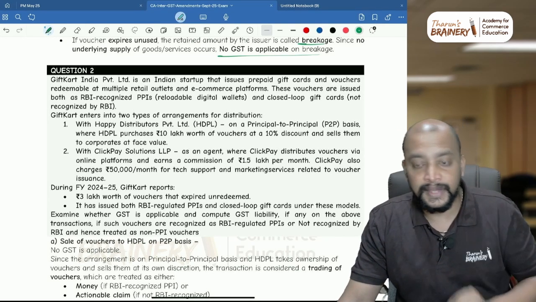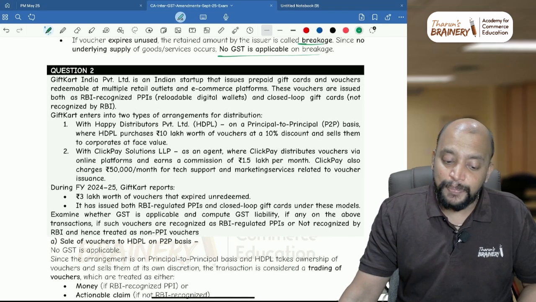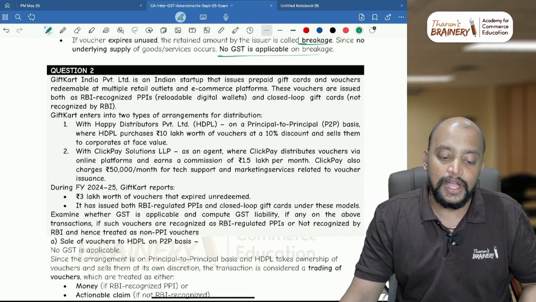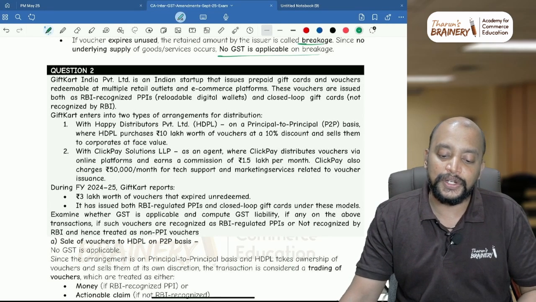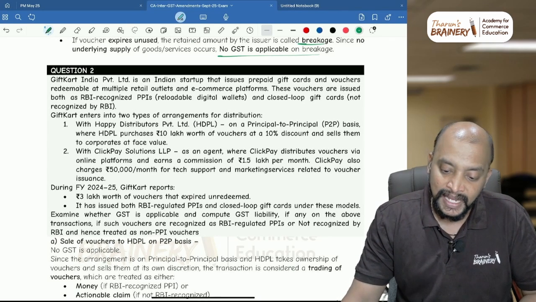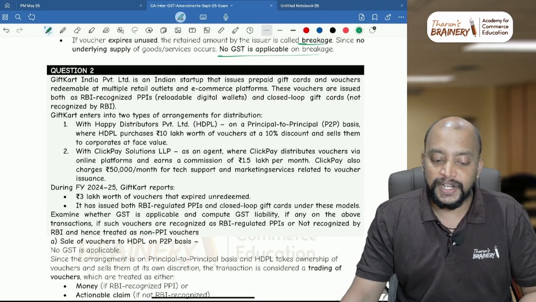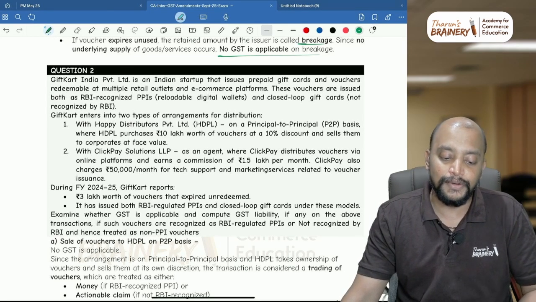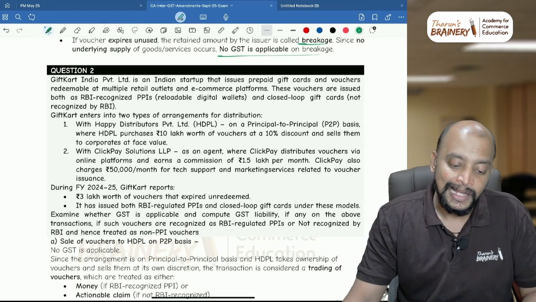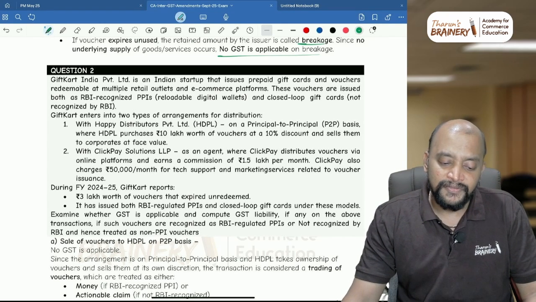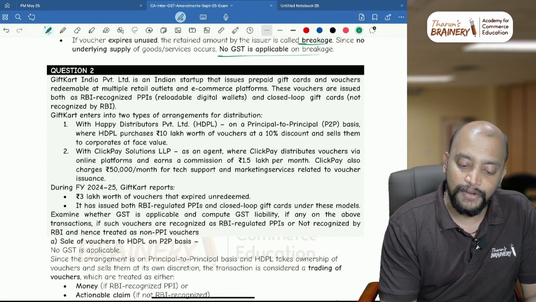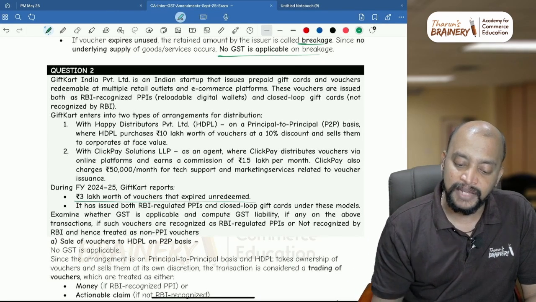There is no GST on that. With ClickPay Solutions LLP as an agent, ClickPay distributes vouchers via online platforms and earns a commission of 1.5 lakh per month. ClickPay also charges 50,000 rupees per month for tech support and marketing services related to voucher issuance. During financial year 24-25, Gift Cart reports 3 lakh worth of vouchers that expired unredeemed.